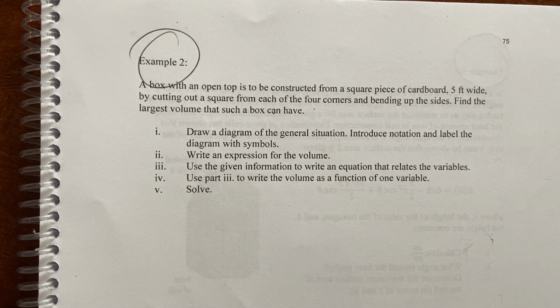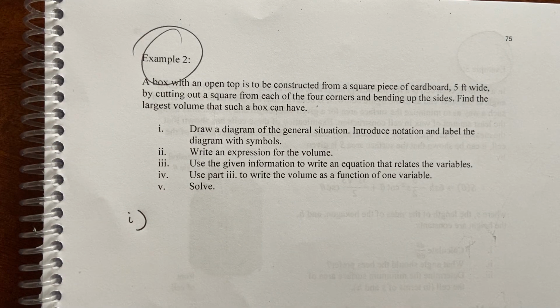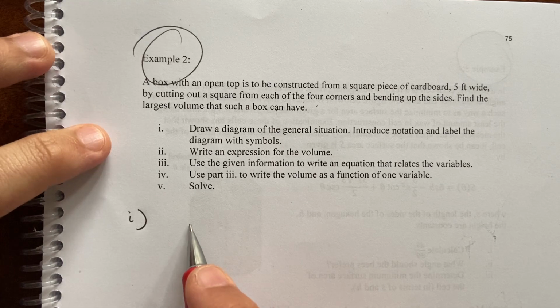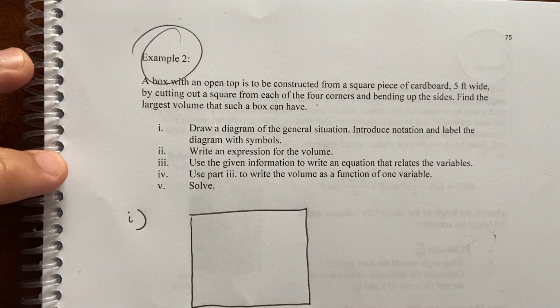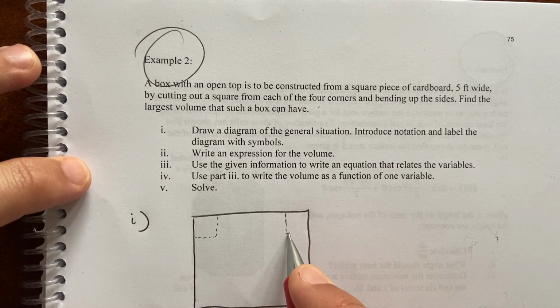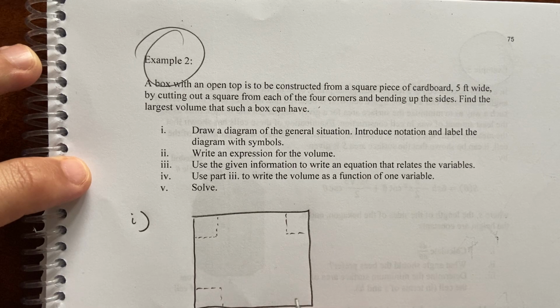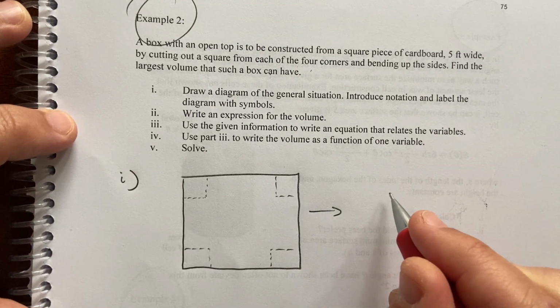So kind of a weird description of this problem. I'll draw a picture for part 1 to kind of further explain what's going on here. So we have this square piece of cardboard, and the idea is that we're going to remove these four corners. That way we'll have something that looks like this.